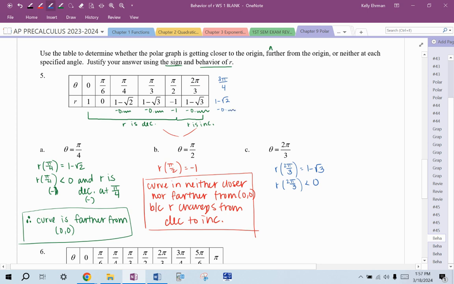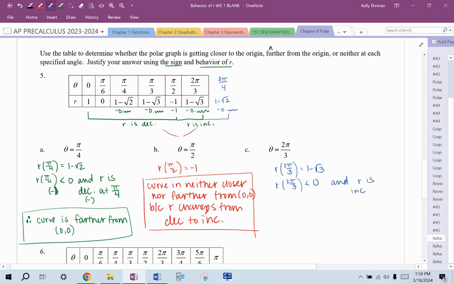So it's like a negative 0 point something closer to 0. So r is still increasing past 2 pi over 3 when you plug that in. You might not have actually had to extend that out, but if we're plugging in an endpoint of an interval, it's hard to know whether it keeps increasing or not. You kind of have to check the angle next to it.